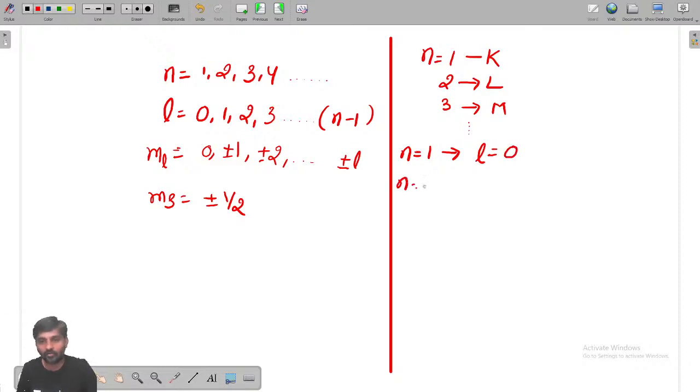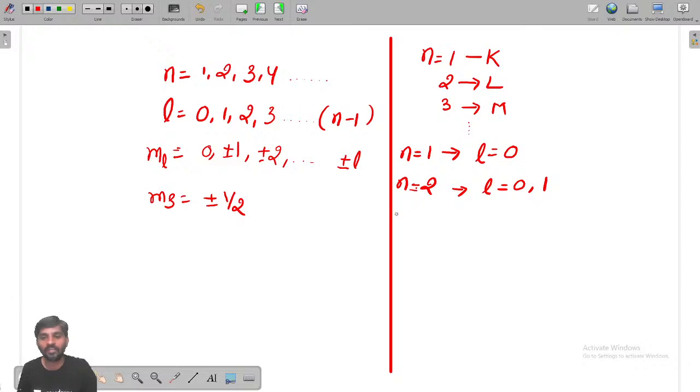For n is equal to 2, l is going to be 0, 1, because l is n minus 1, and n is 2, so 2 minus 1 is 1.